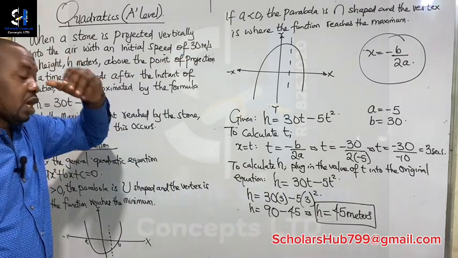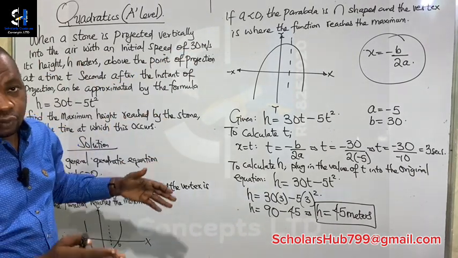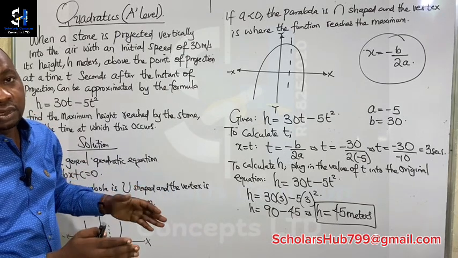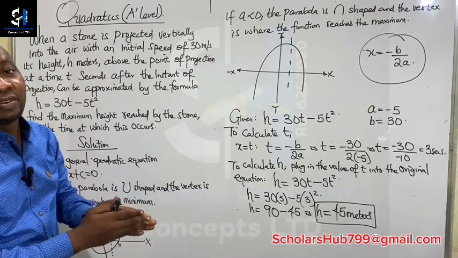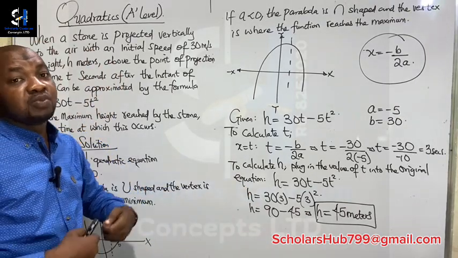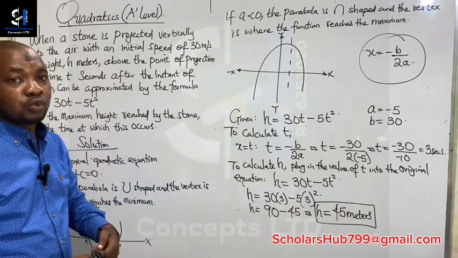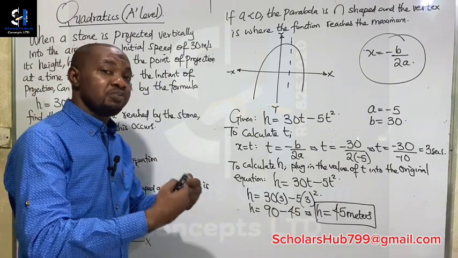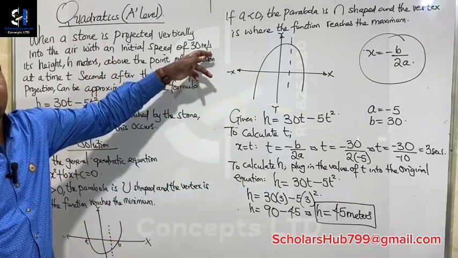A body will not move when the velocity is zero. A body at rest has a velocity equal to 0. But when a body is moving, it is moving at a particular speed or velocity. So this velocity is not necessary.